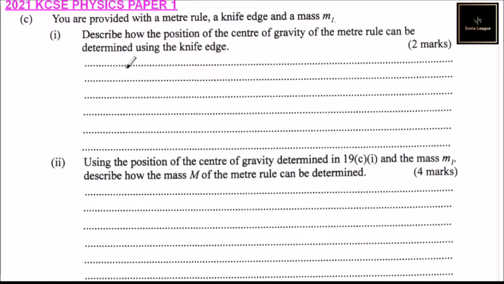Part C, you are provided with a meter rule, a knife edge, and a mass M1. Roman number 1. Describe how the position of the center of gravity of the meter rule can be determined using the knife edge. So how do you do that?